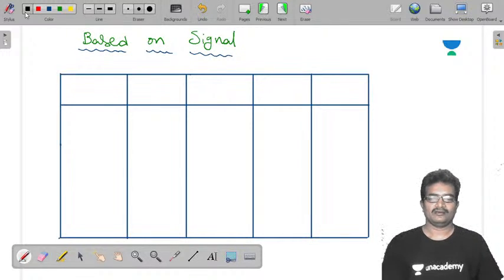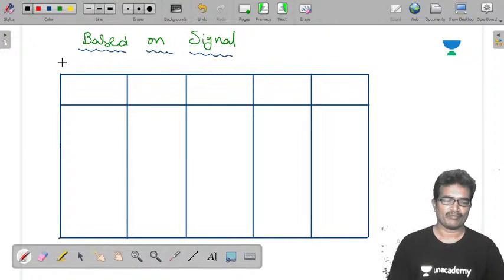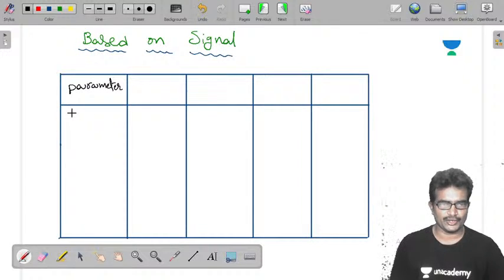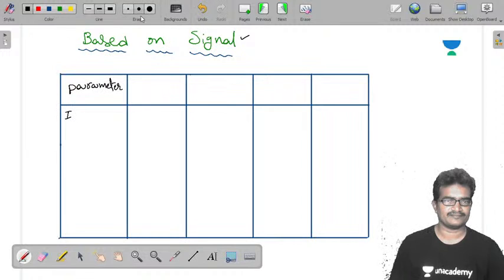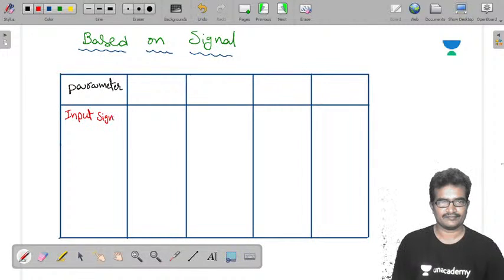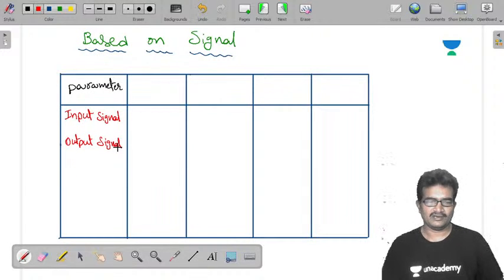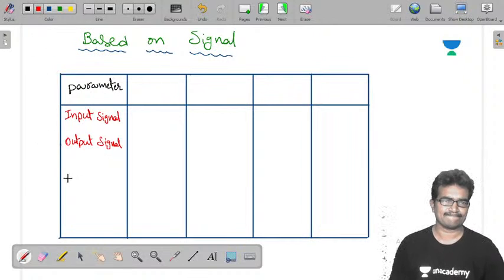Now, see this. Here the classification is based on parameters. Based on the input signal and output signal, this classification is performed, and at the same time on gain.